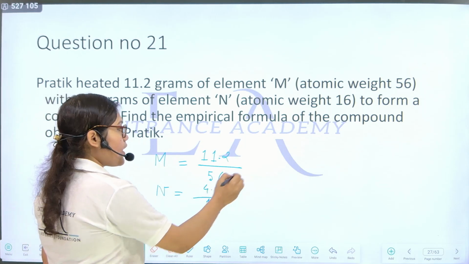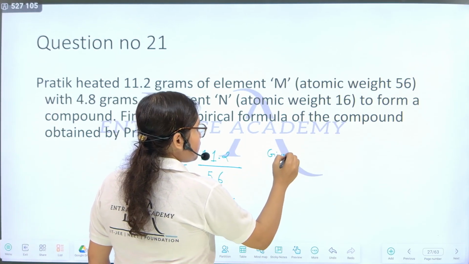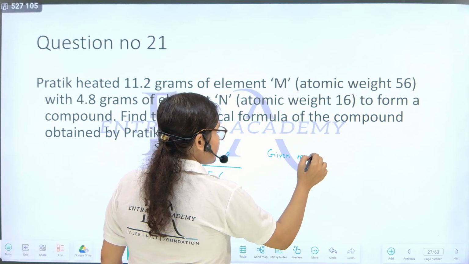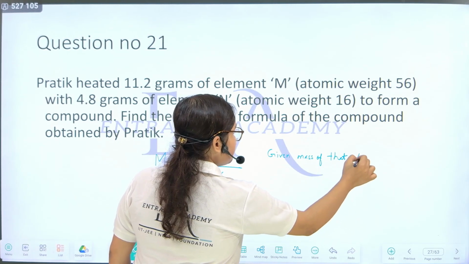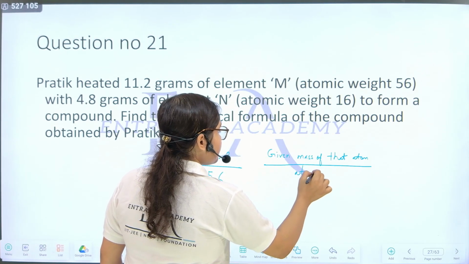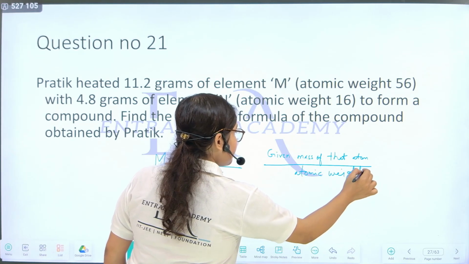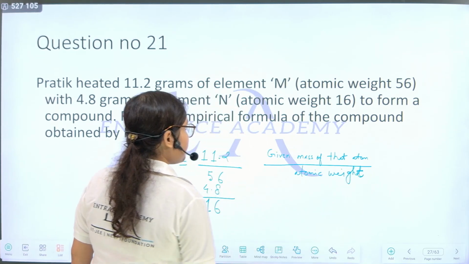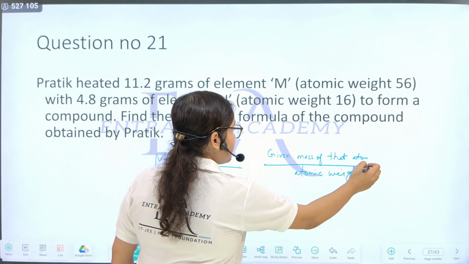So the given mass of that atom divided by the atomic weight, this is gram per mole.